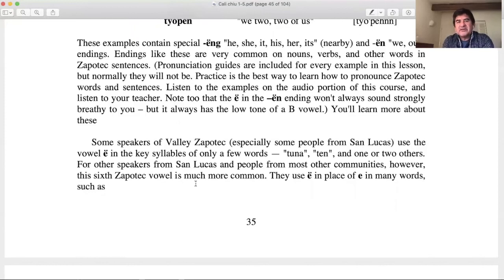But remember that there's also a combination of all of them, and it might seem like a lot, and probably it is a lot, but don't worry about it, because for us sometimes, as a Zapotec speaker, I never thought about it until I actually started teaching it.